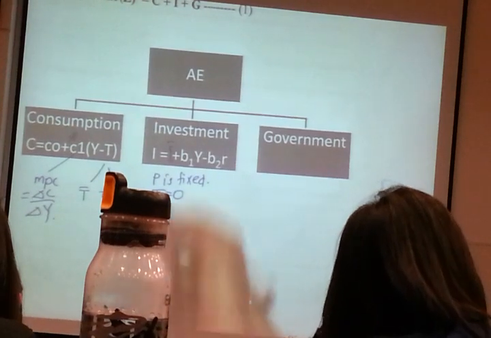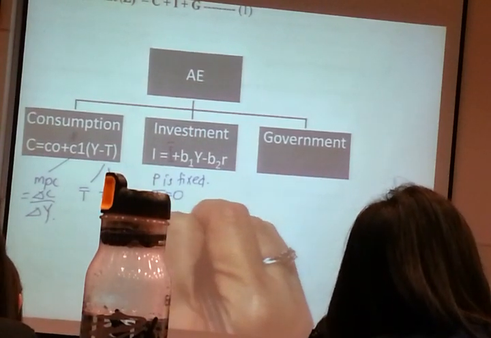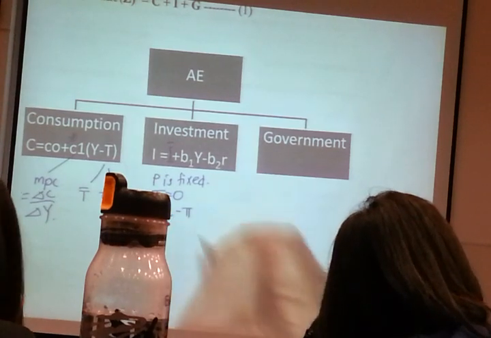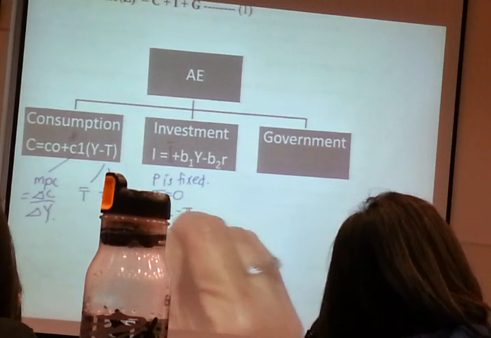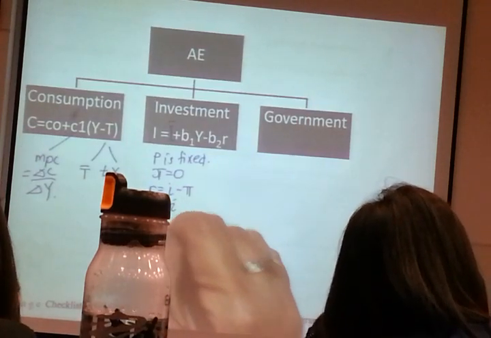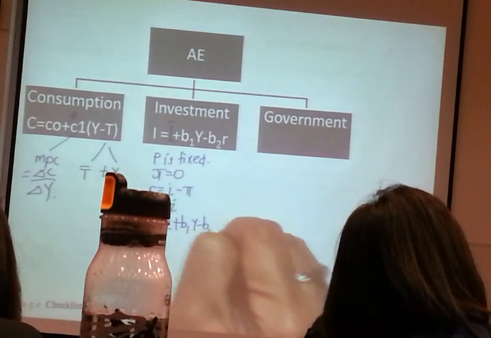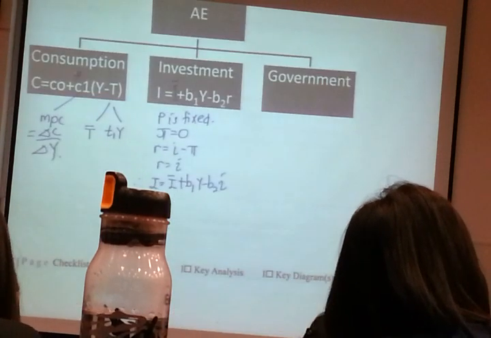There is no inflation. Our Fisher's equation says R equals I minus pi. Therefore, R equals I. The investment function can be written as I bar plus B1Y minus B2I.